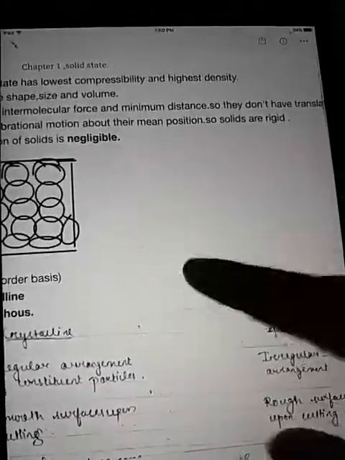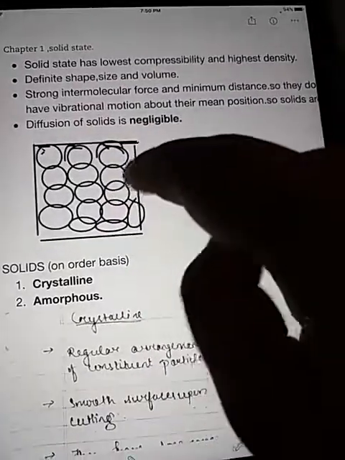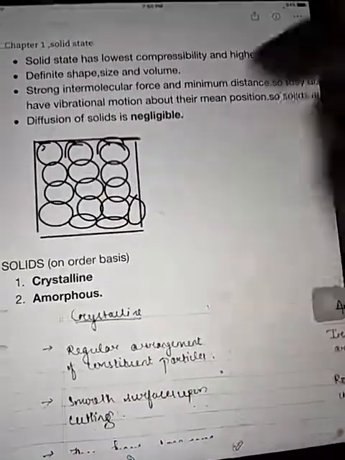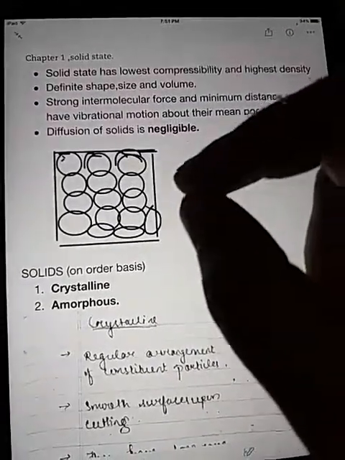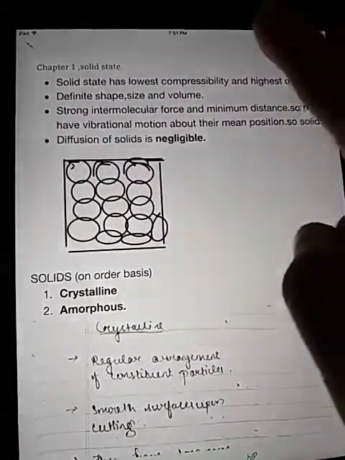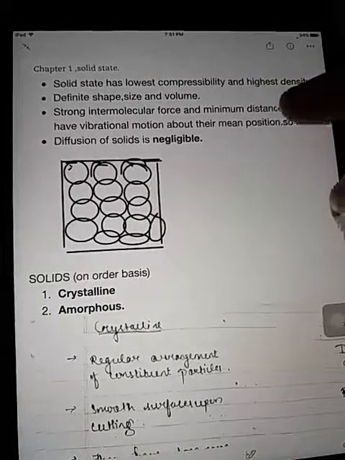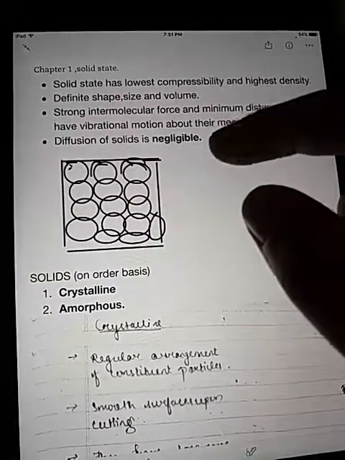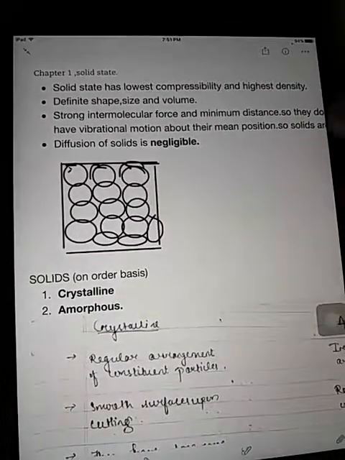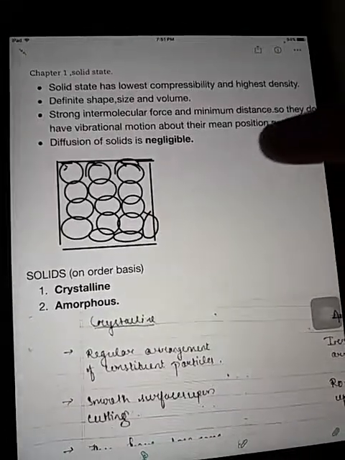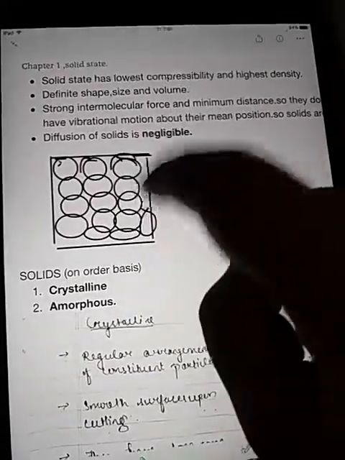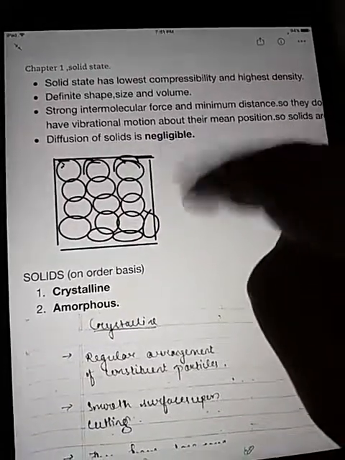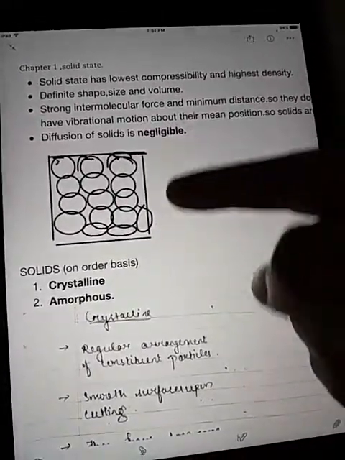Remember the solid diagram as I explained to you. There are very little spaces. It becomes a bit difficult to draw on the iPad, on the Evernote app. So in the structure which I showed you on the board, you can pause the video and go back around 5 to 10 minutes and see that I have drawn a solid structure like this, and I showed you at the beginning of the video there is very little space.